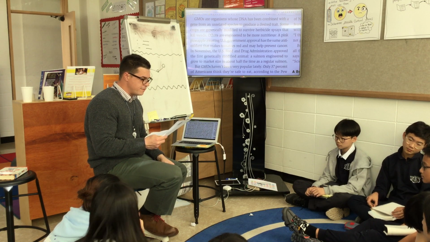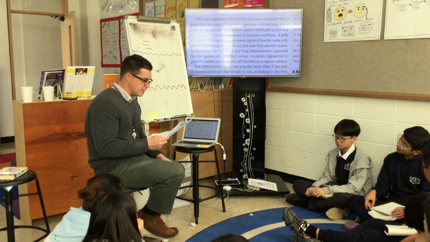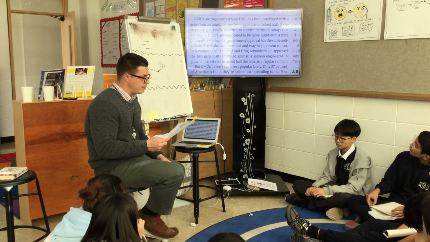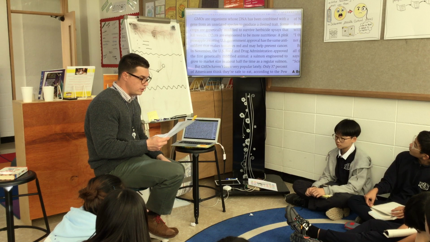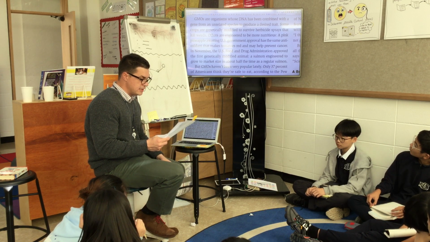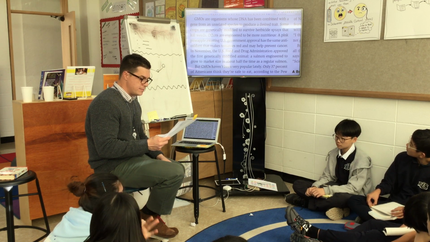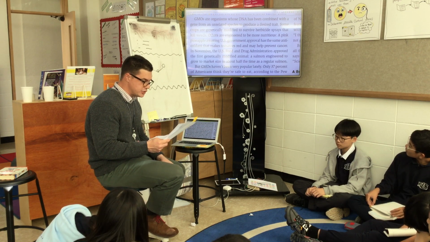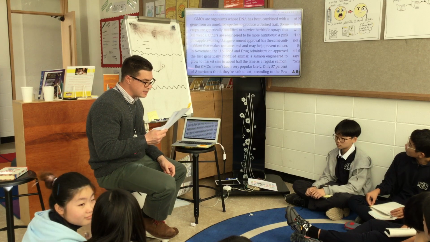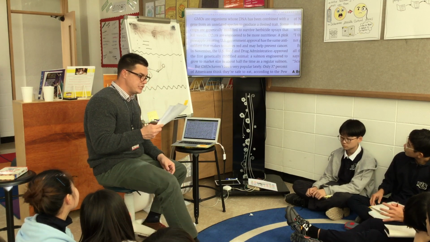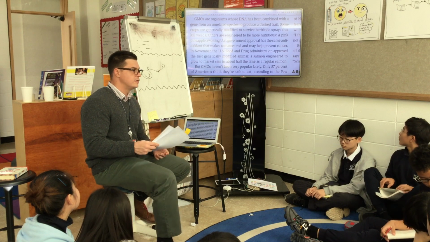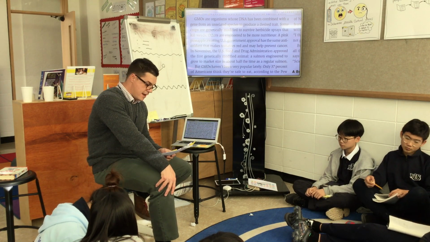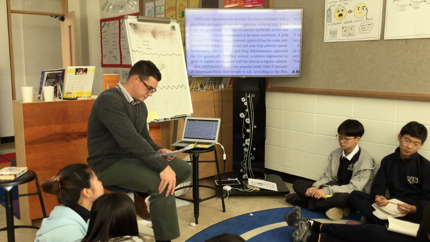Some crops are genetically modified to survive herbicide sprays that kill weeds. Others are engineered to be more nutritious. A pink pineapple awaiting U.S. government approval has the same antioxidant that makes tomatoes red and may help prevent cancer. In November, the U.S. Food and Drug Administration approved the first genetically modified animal, a salmon engineered to grow to market size, or the size where they can sell it, in about half the time as a regular salmon.